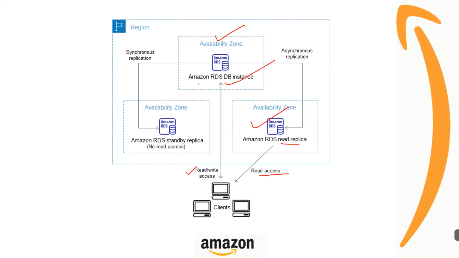And this is the standby replication, right? No read or write access. When this database fails, the standby is automatically connected and automatically replaces it, right? And automatically a second database is also created here for the standby, right?